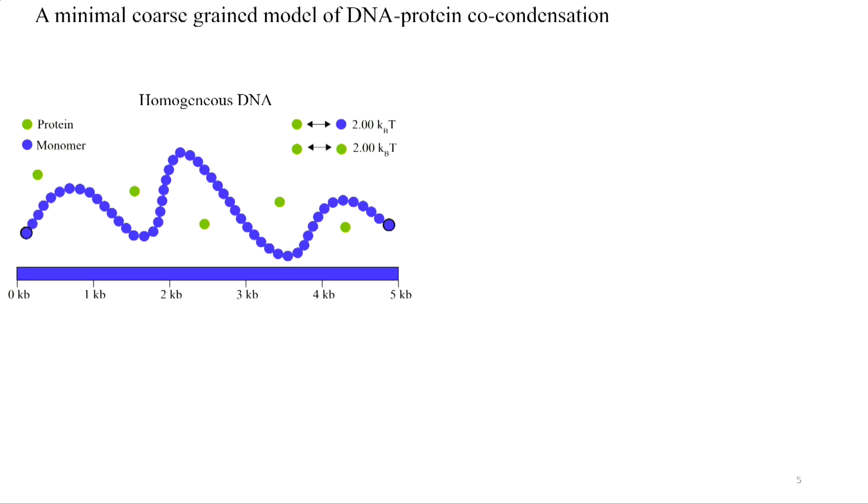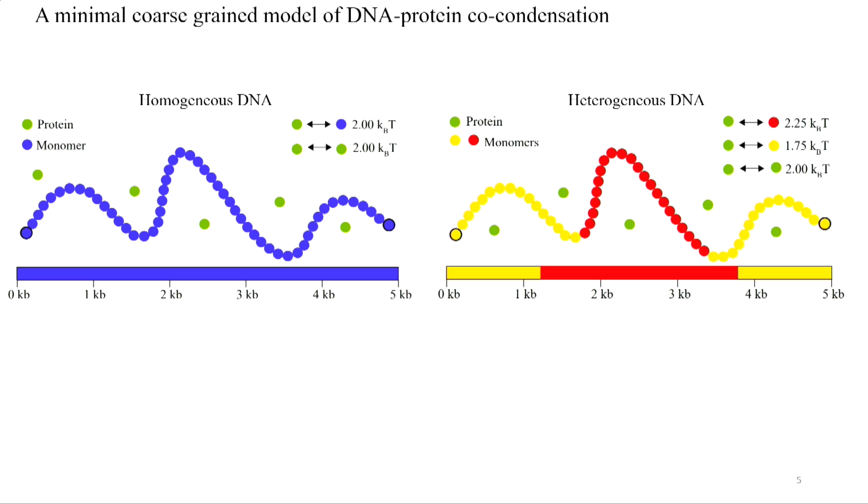Now, in a homogeneous case, we have different regions of the DNA which interact with equal strength to the proteins, whereas in the next model we have these two regions. One is shown in red and the other in yellow. The red one interacts strongly with the proteins, but the yellow one interacts weakly with the protein.